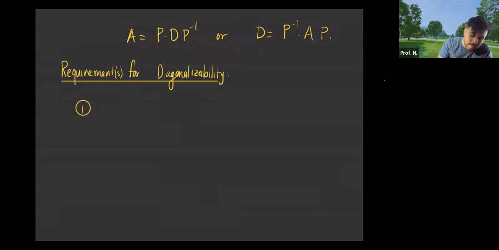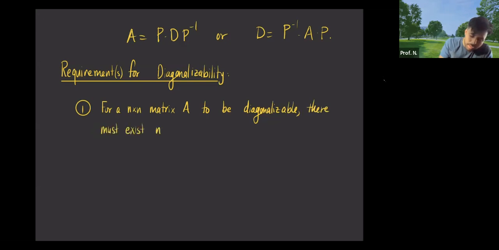So one of them is that for an n by n matrix to be diagonalizable, there must exist n eigenvectors for A. If you don't get n eigenvectors for an n by n matrix, then it's not diagonalizable.